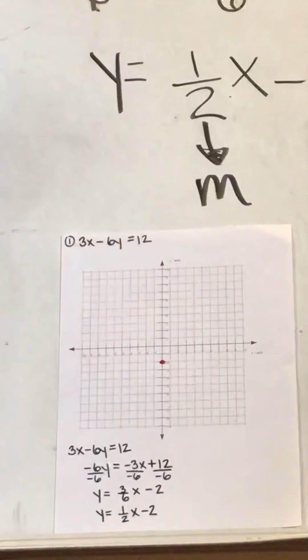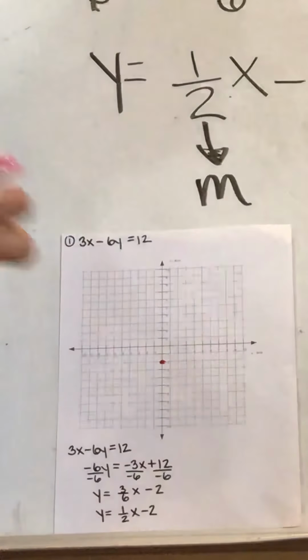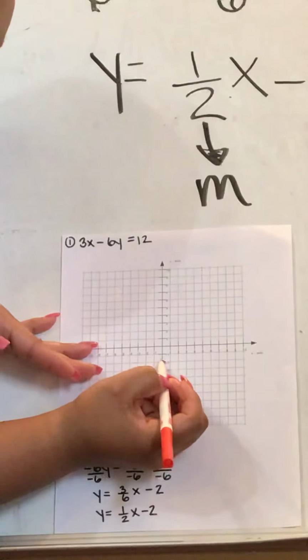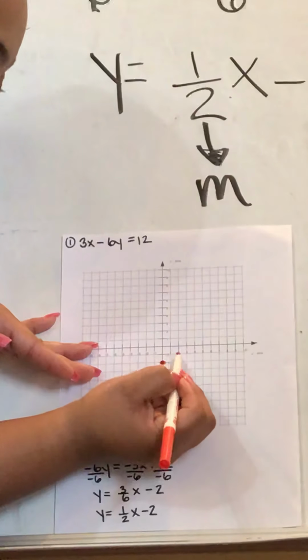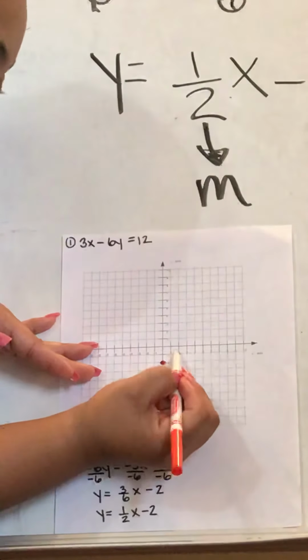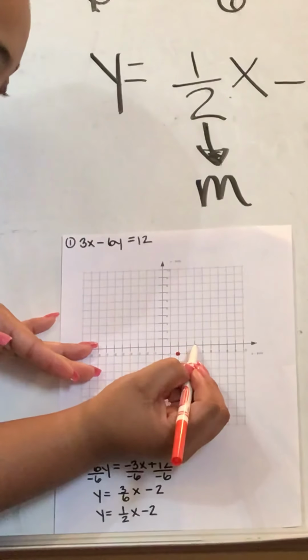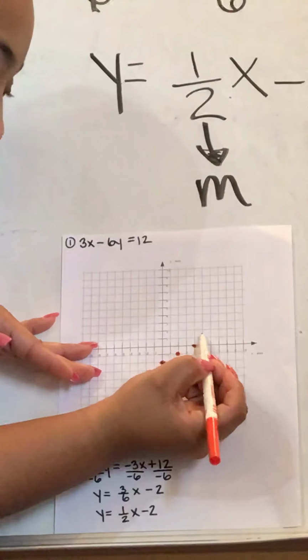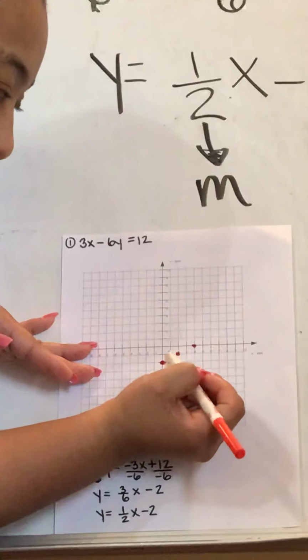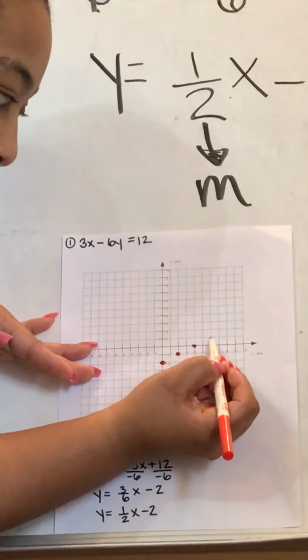Now my slope, I mentioned to you, is rise over run. Meaning I'm going to go up one line and run 2 lines. So from this point, I'm going to go up 1 and to the right 2. Up 1, right 2.